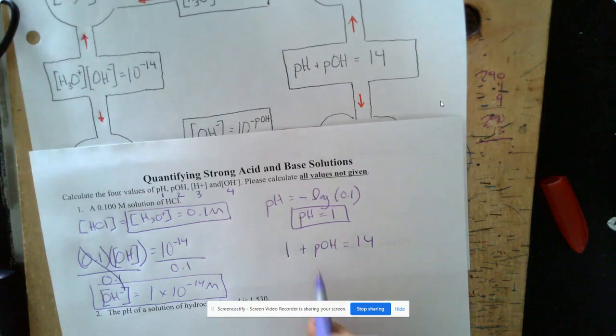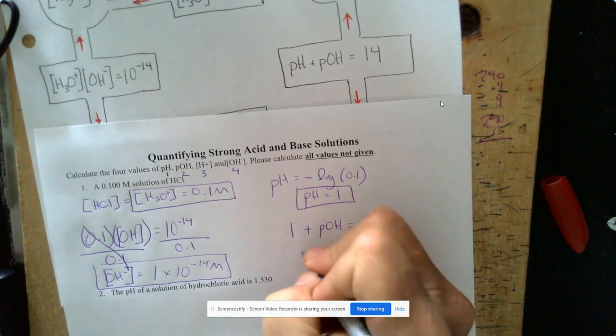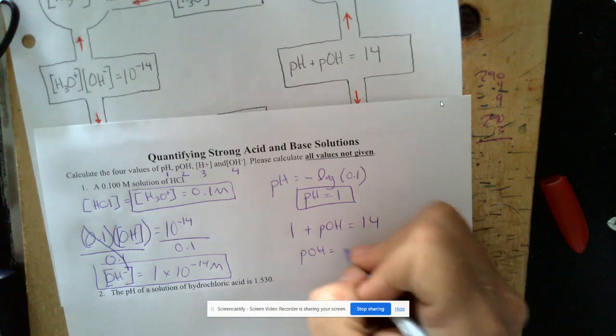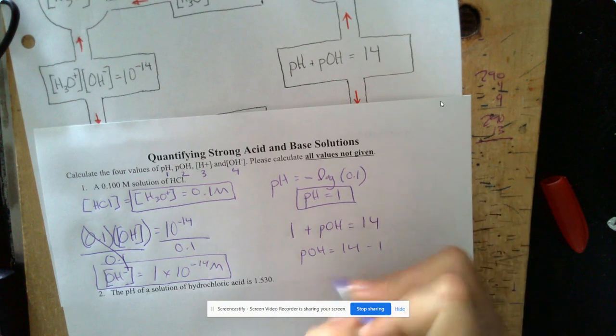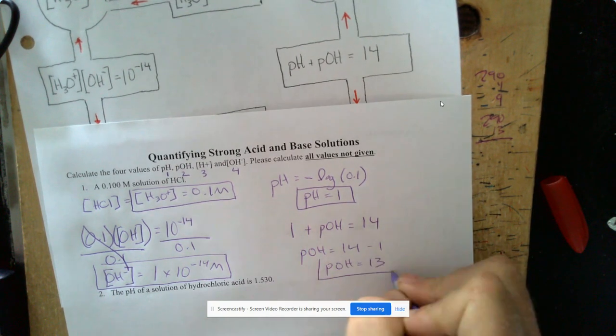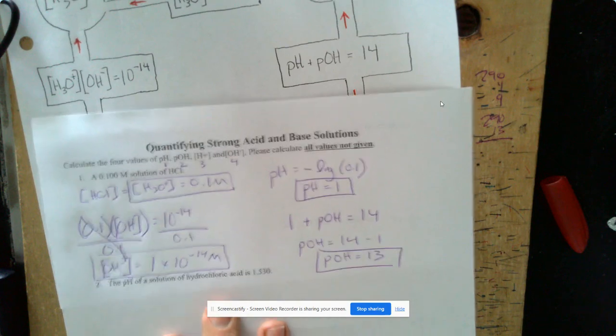So we just have to do a little algebra right here. We're going to subtract 1 from both sides. We're going to say that the pOH is equal to 14 minus 1. So the pOH is equal to 13. Yeah? Beautiful. Okay, nice.